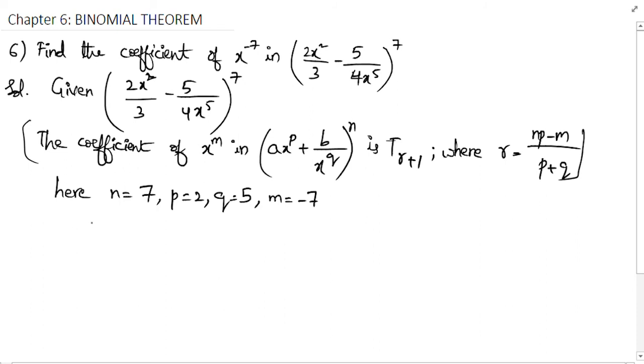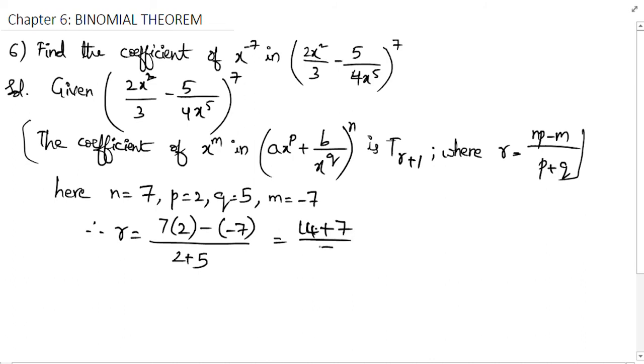So now therefore r is equal to, we are just substituting these values in the formula, (7 into 2 minus of minus 7) divided by (2 plus 5), which is equal to (14 plus 7) divided by 7, that is equal to 21 by 7, that is 3, okay.